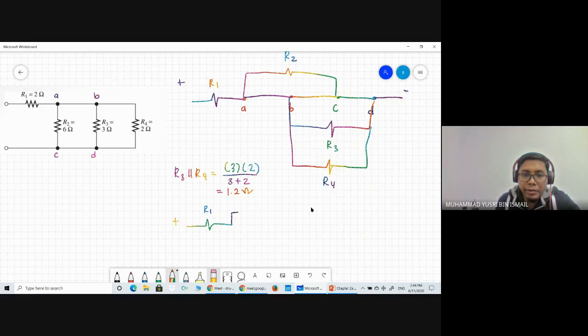Now you have R2. Then you have one more here. Now this is 1.2 ohm. Then R2 is 6 ohm.